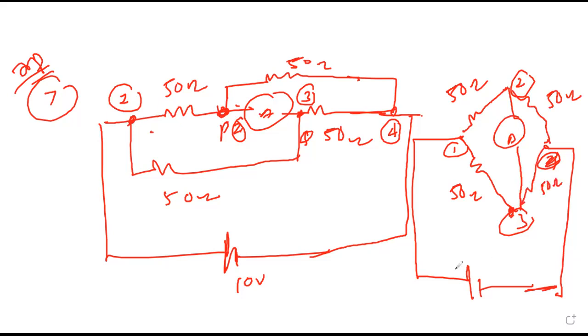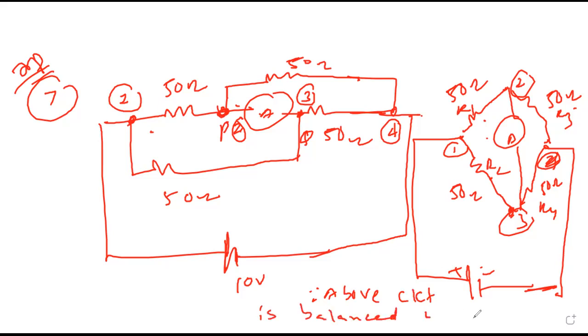Is it a balanced Wheatstone network? 50 into 50 is 50 into 50. Yes, it is balanced. Opposite resistances product is the same, since the above circuit is a balanced Wheatstone's bridge.